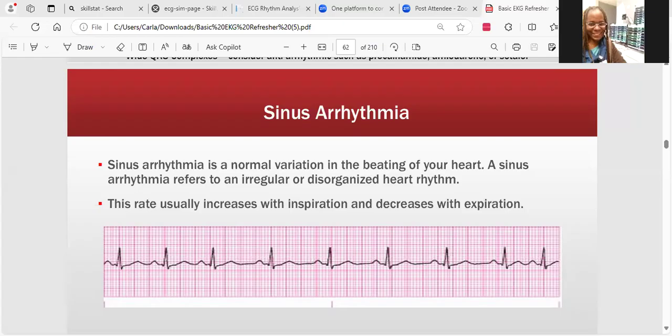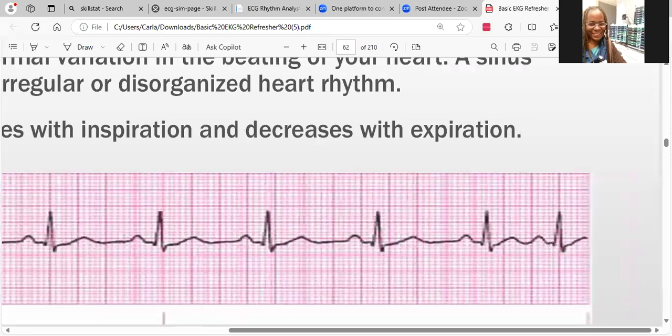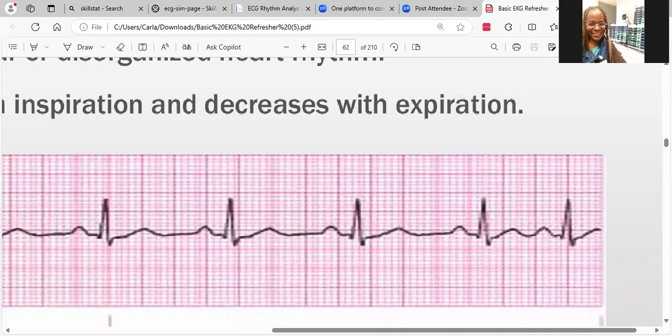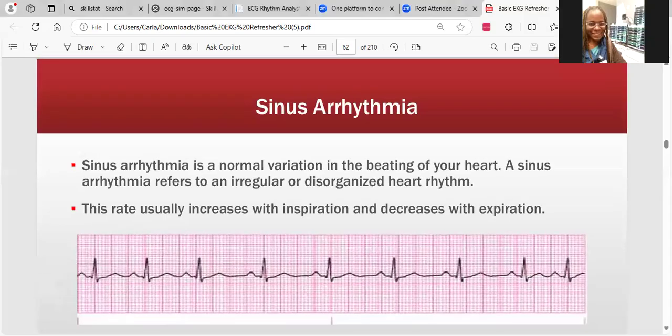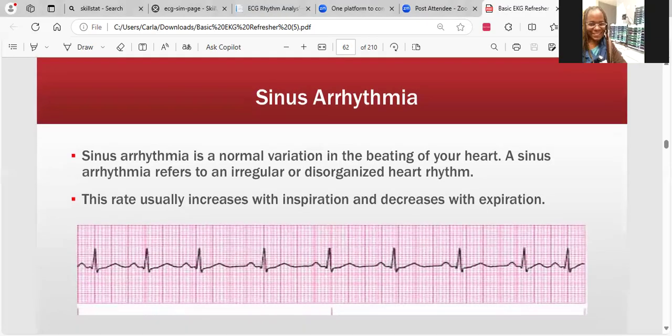So if we're looking at this rhythm, it kind of looks like it's consistent from R to R. But if we start looking at it, there's about 15 boxes in one, maybe 20 in the other. And if you look towards the end of this rhythm here, you can tell that the spaces are closer together. So ultimately, arrhythmia is the changing of this particular heart rate, but it does have a P wave. So that makes this sinus arrhythmia.